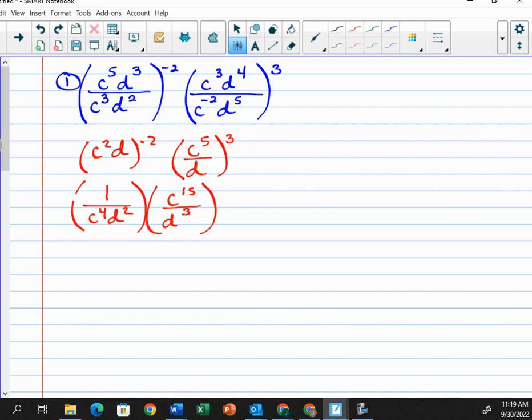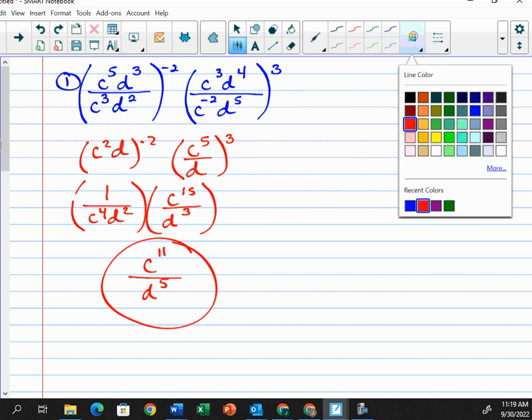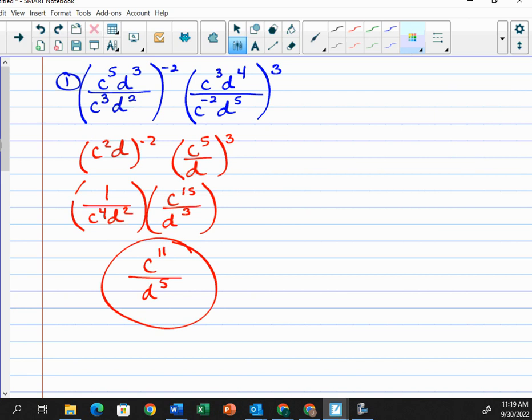Okay, then if I'm looking for what's left, where is it? I have c to the 11th in the numerator. And d to the 5th, I can combine those in the denominator. New problems coming, don't worry. Any questions on that one?